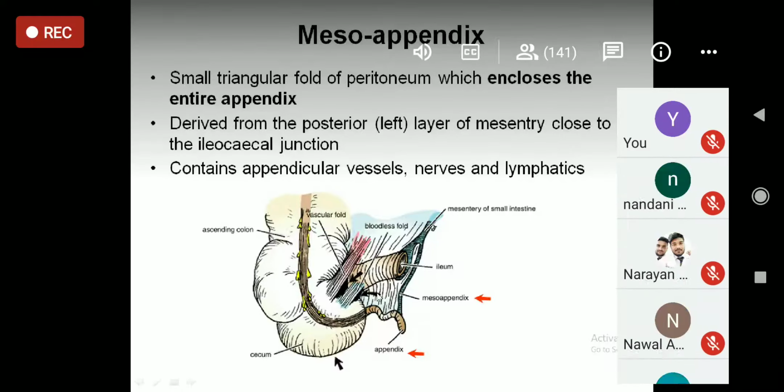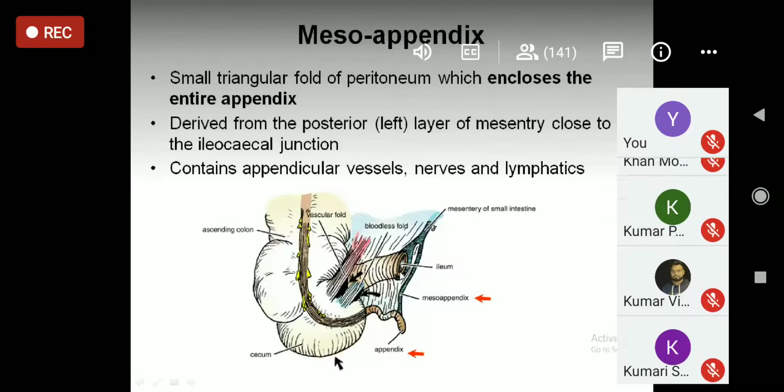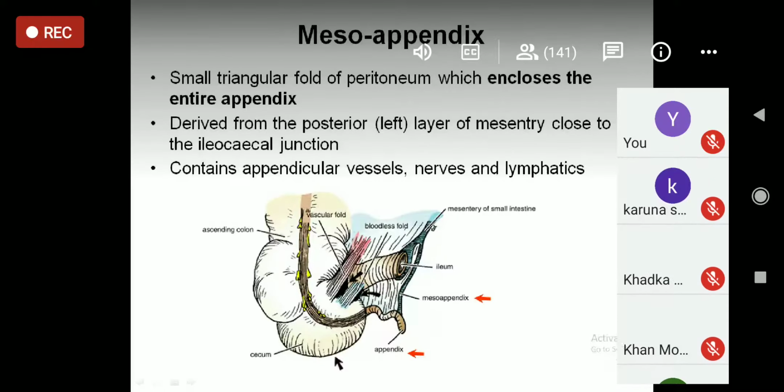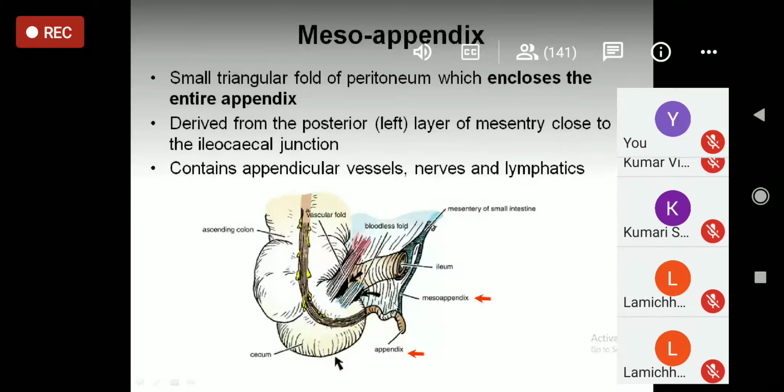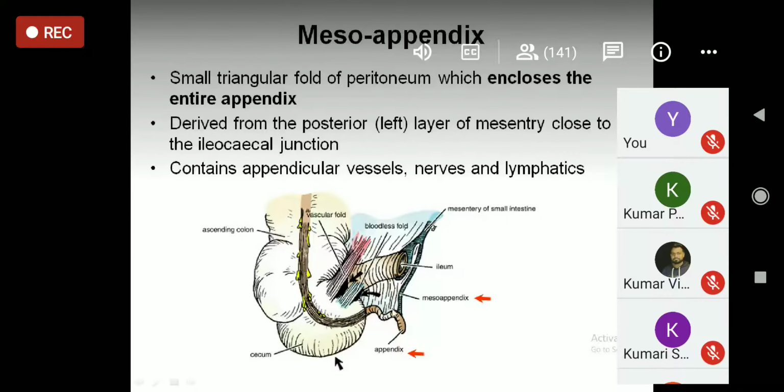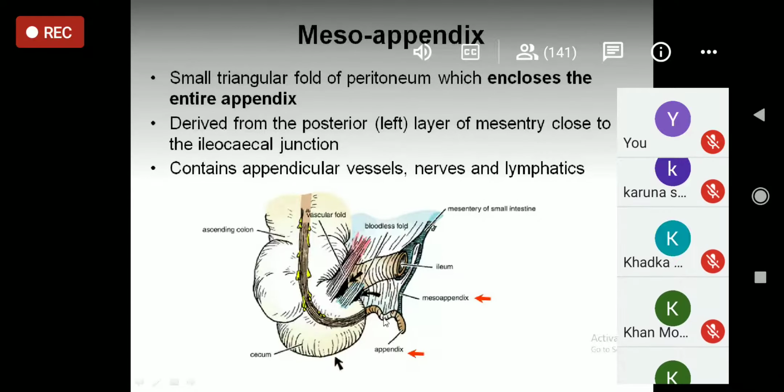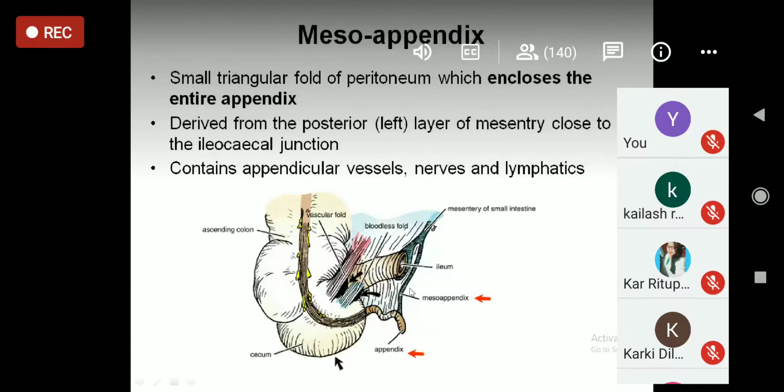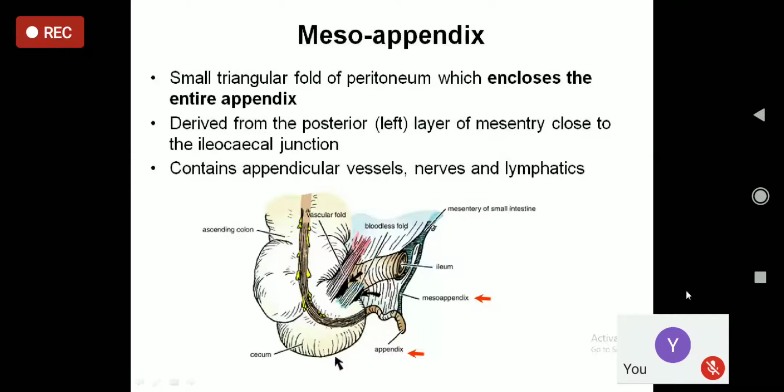It is a small triangular fold of the peritoneum which encloses the entire appendix. The length of the appendix is around 9 centimeters, and the entire appendix is enclosed with the help of the mesoappendix, which is another fold of the peritoneum derived from the posterior layer of the mesentery close to the ileocecal junction, because the base of the appendix is at the ileocecal junction.